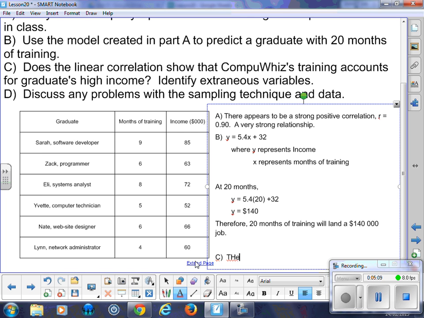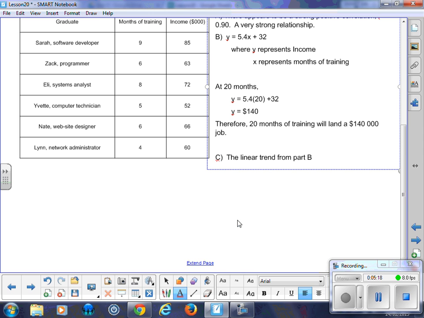First of all, I'm going to say the linear trend from part B is, I would say, for a limited training period, because if you look at the 5.4, that's $5,400 per month you stay in the training session. I mean, you're going to be making an exceedingly large amount of money in a very, very short period of time.